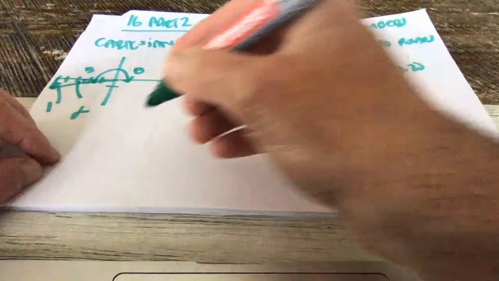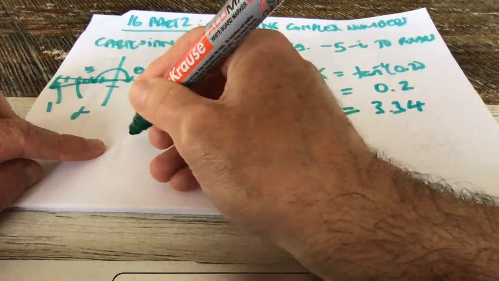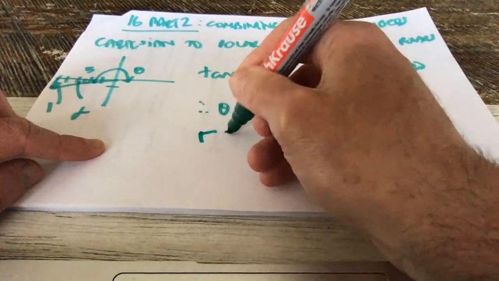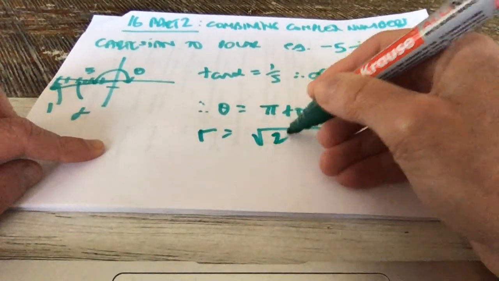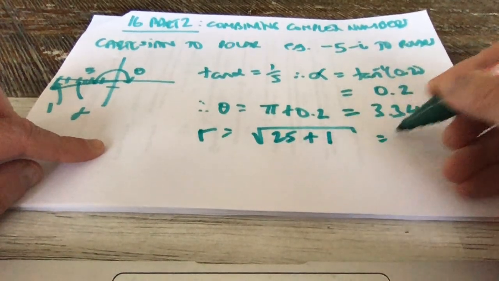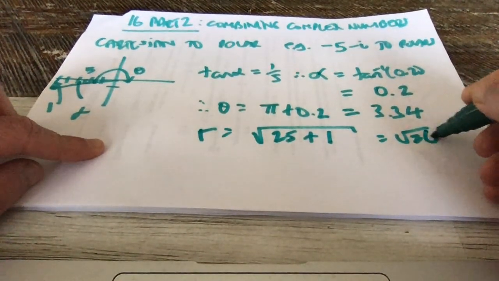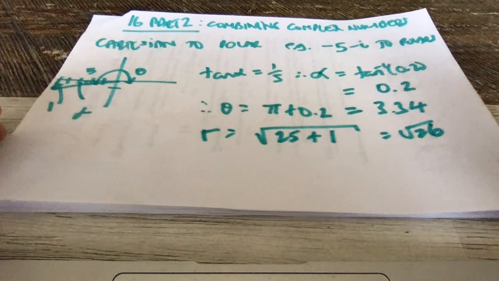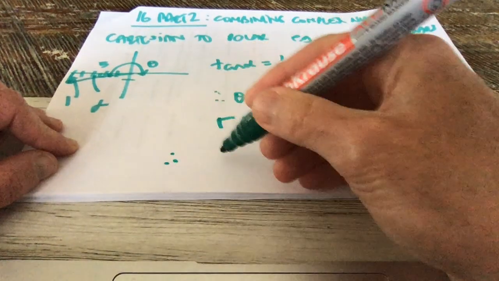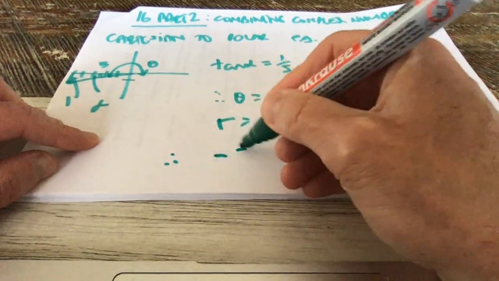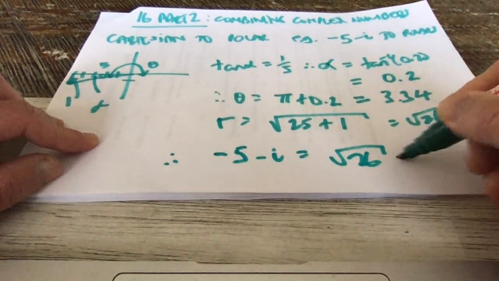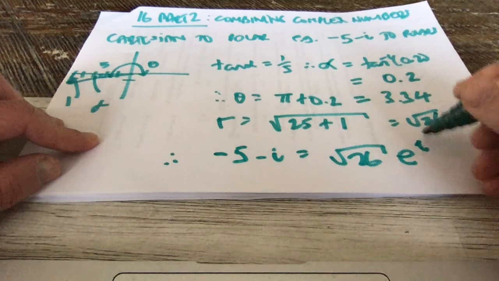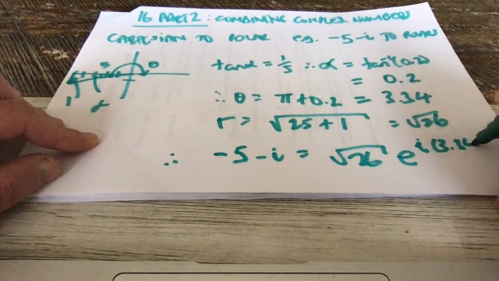Okay, so the polar form: we know r is always the square root of the first one squared, which is 25, plus the second one squared, which is 1, so it's the square root of 26. And so minus 5 minus i, you can also write as the square root of 26 exponential i 3.34.